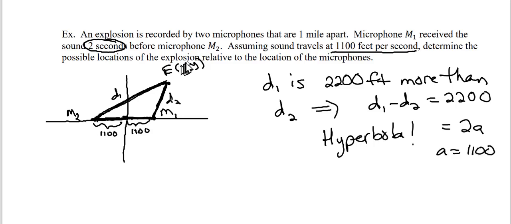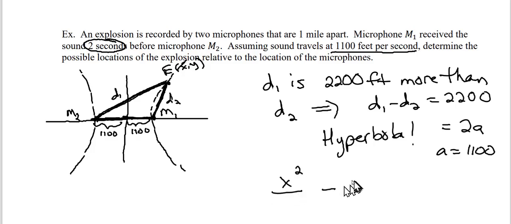I'm forcing my hyperbola to open sideways just because of the way I've oriented this. I could completely change this picture, rotate it 90 degrees, where my mic 1 and mic 2 were vertical, right? But in this case, x squared and y squared in the numerator with the x squared first, I'm forcing my center to be (0, 0), right? I can choose that. So equal to 1.